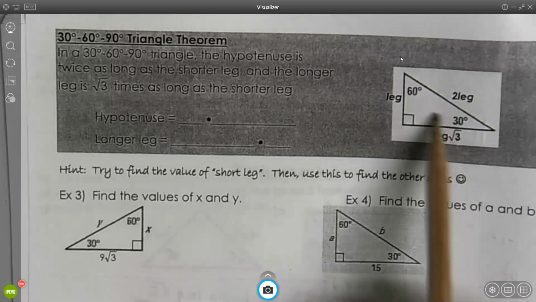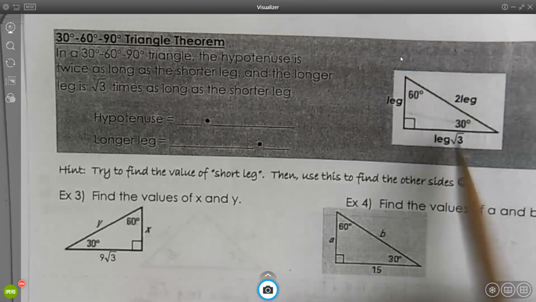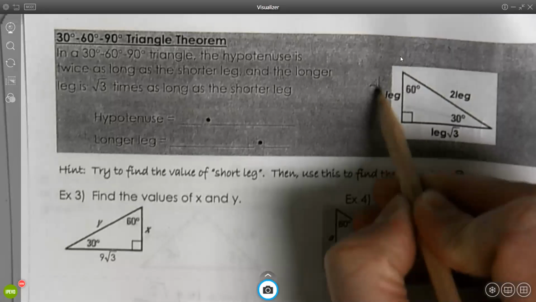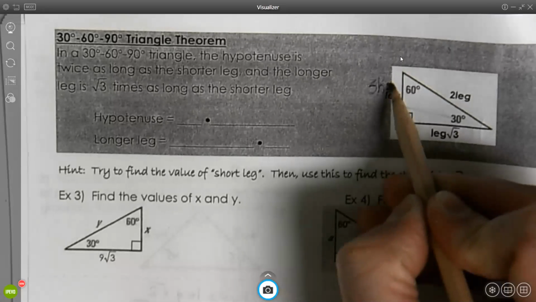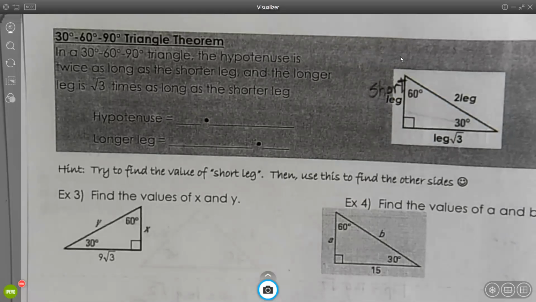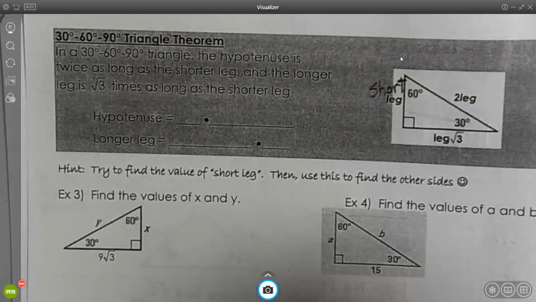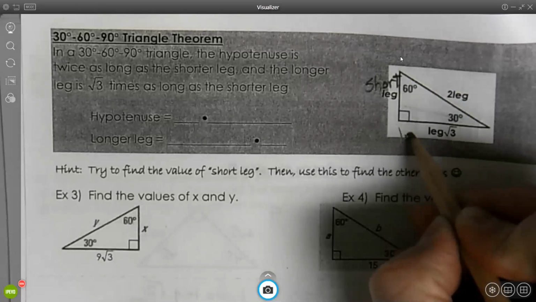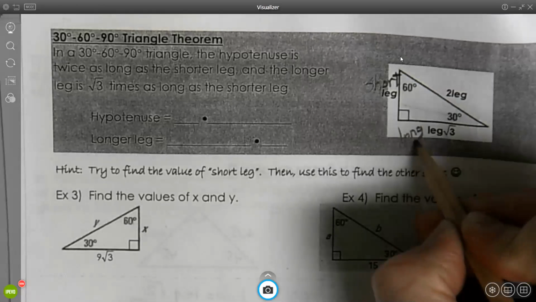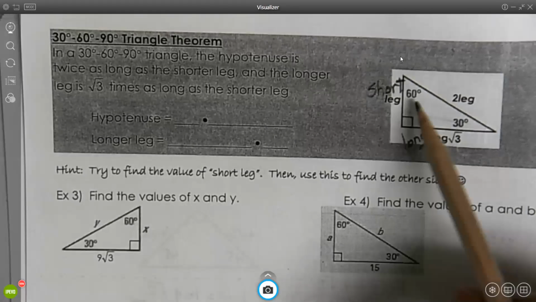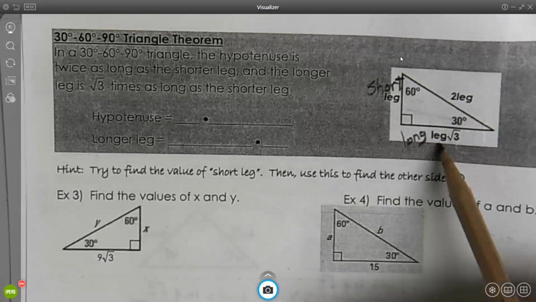So across from a 30-degree angle would be considered a short leg. The shorter leg will always be across from the smaller angle. The longer leg will always be across from the longer or larger angle, which is 60. Across from the 60 is the long leg.